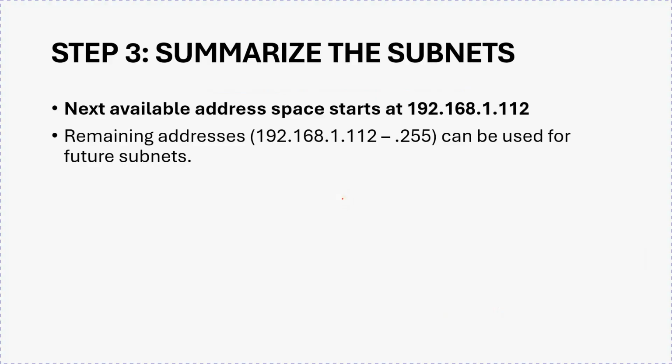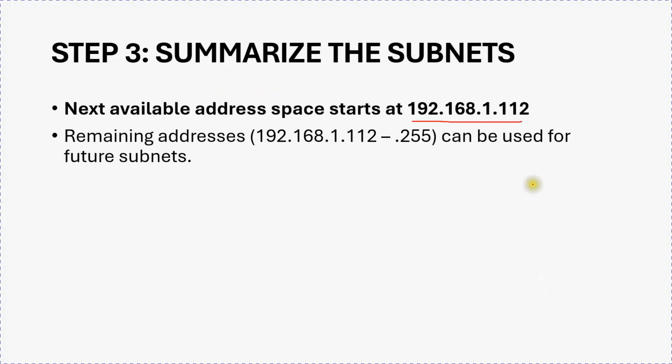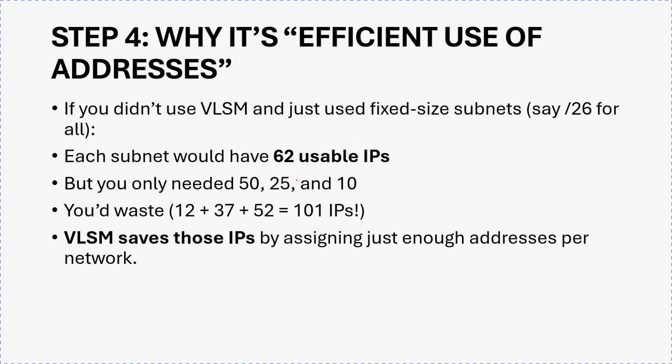One more detail is the next available address space. The last IP is the broadcast IP, but we have remaining IP addresses available up to 255. We can connect another network within this. So this is it.